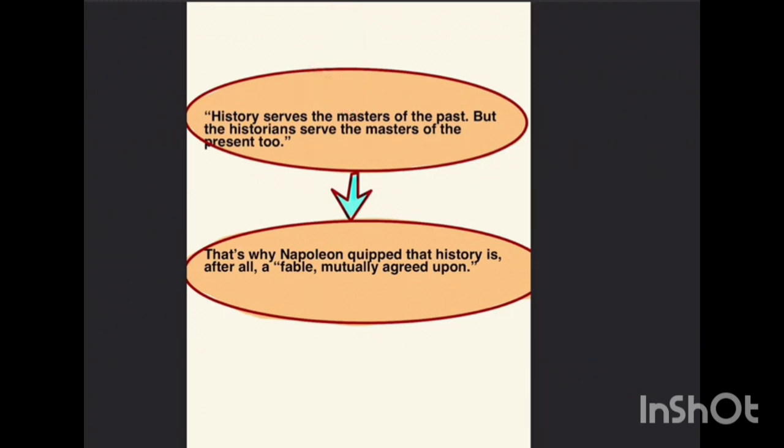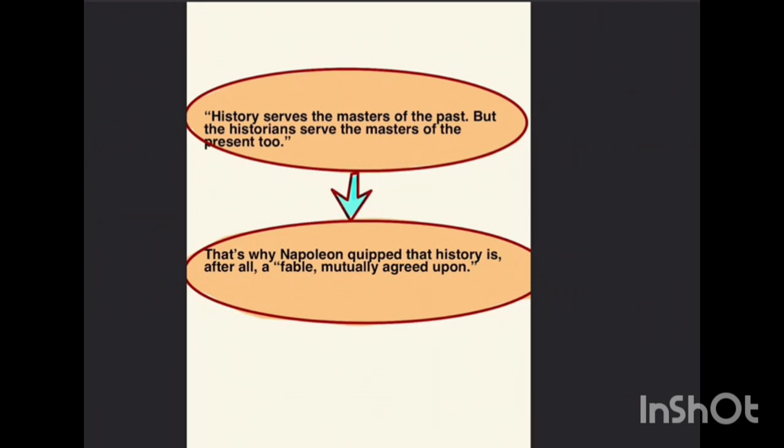Now, it is rightly remarked that history serves the masters of the past, but historians serve the masters of the present as well. It is in this context that Napoleon had said, history is after all a fable mutually agreed upon. So there are a few myths, a few facts going around.